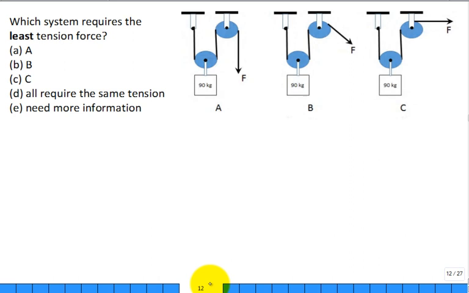Oh, back to pulleys. Which system requires the least tension force? System A, B, or C to hold up this, what is it? How many kilogram mass? 90 kilograms.